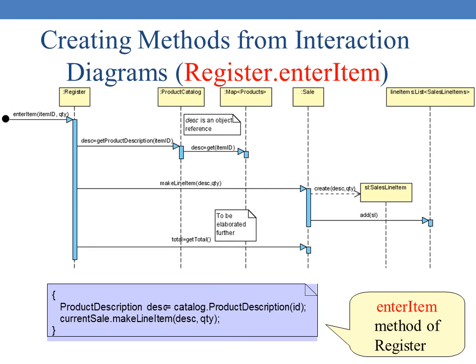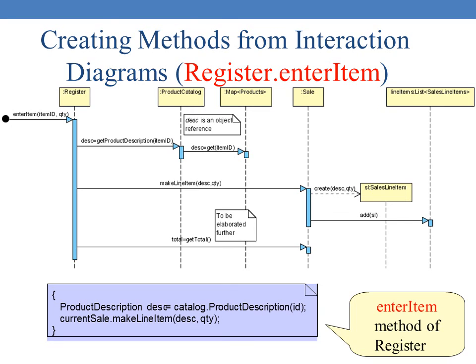So these are all the execution of register enter item. This diagram is well known. It is a type of sequence diagram. So this is the main function done in the particular sales line item.